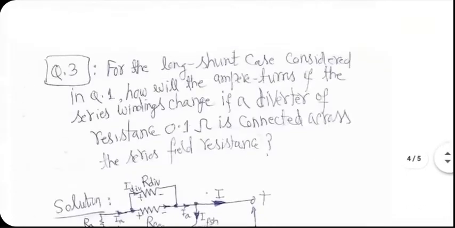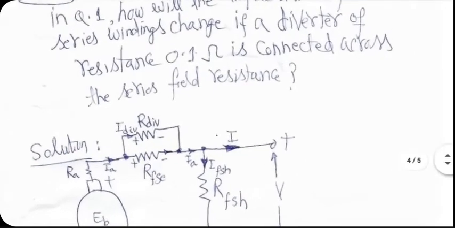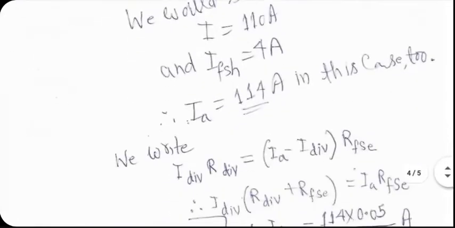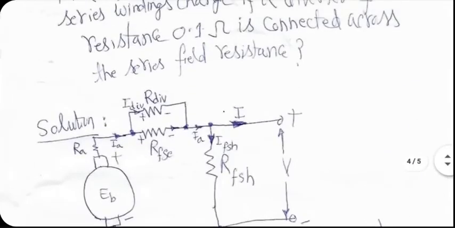Obviously, I dive into R dive should be IFSC into RFSC because of the parallel connection. Actually, the current going through RFSC is simply IA minus I dive. You can put it this way also.